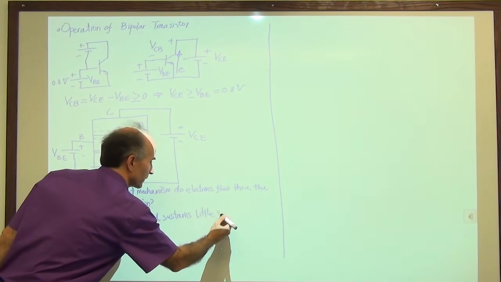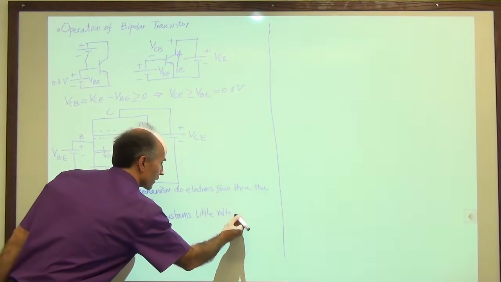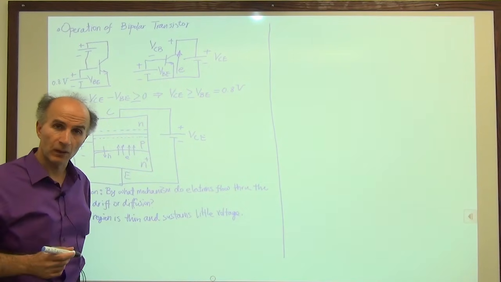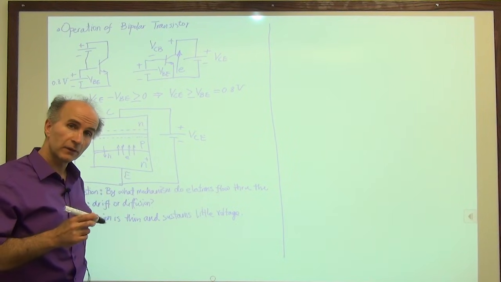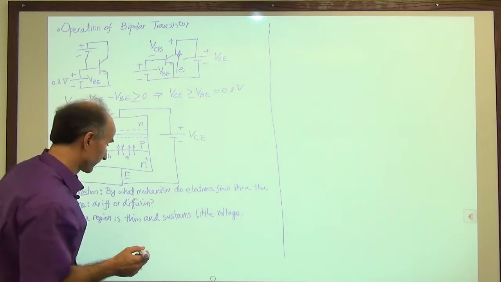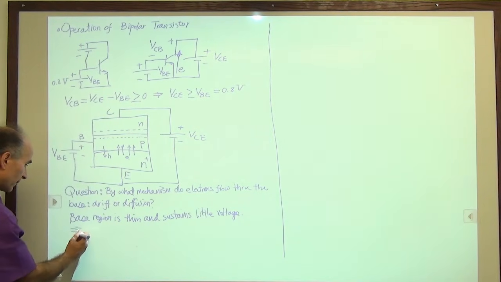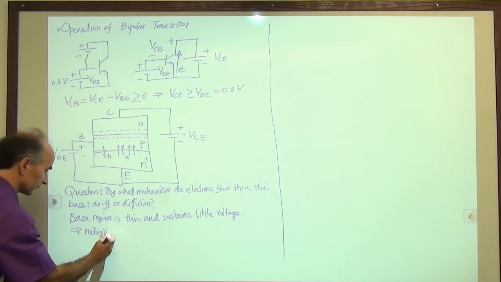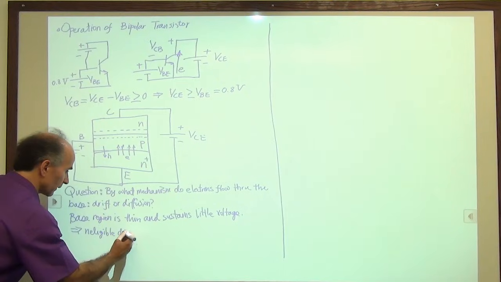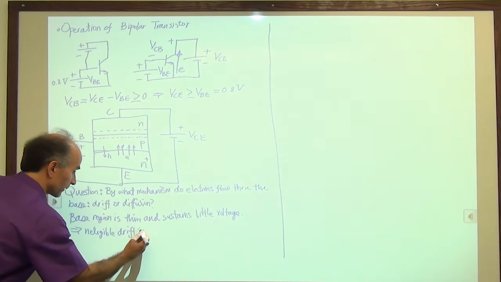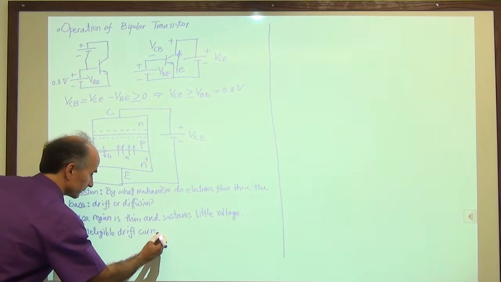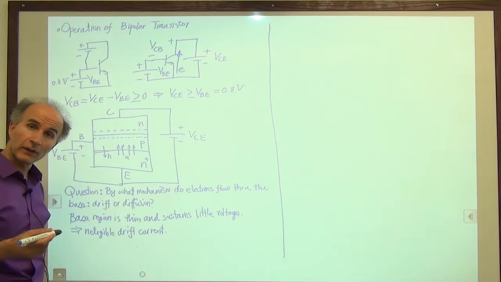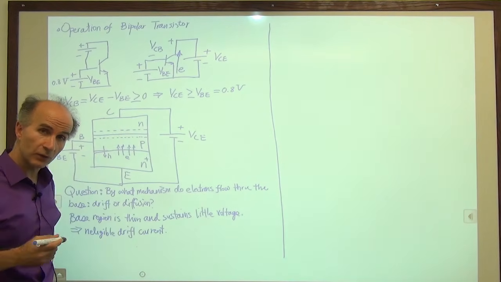So the voltage drop on the base region is small. If the voltage drop is small, then the field is small. So the drift current through the base is negligible. So we say negligible drift current. So that implies that the current has to be primarily by diffusion.